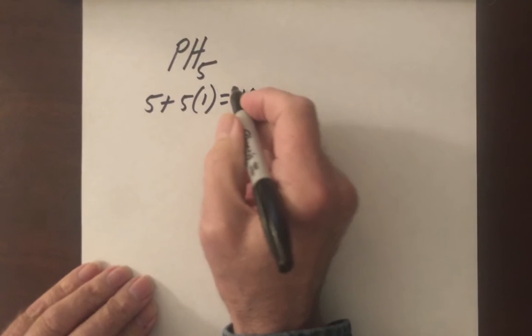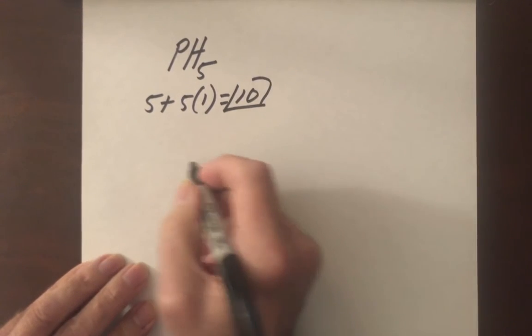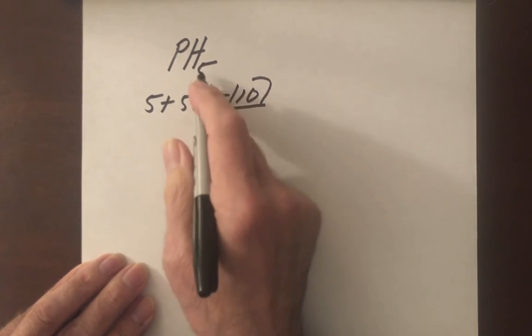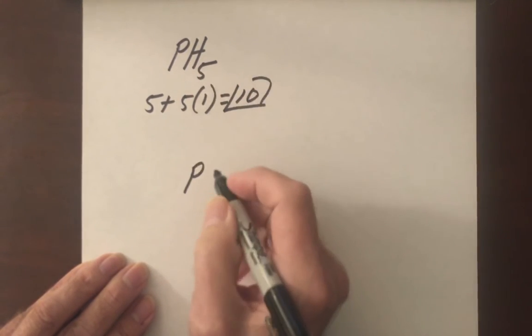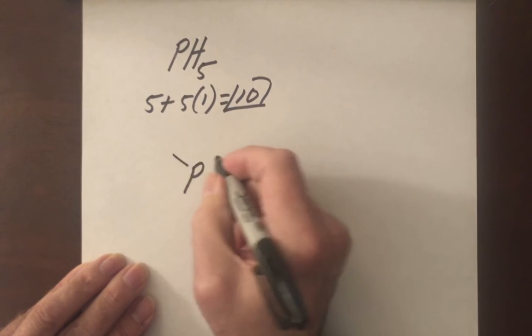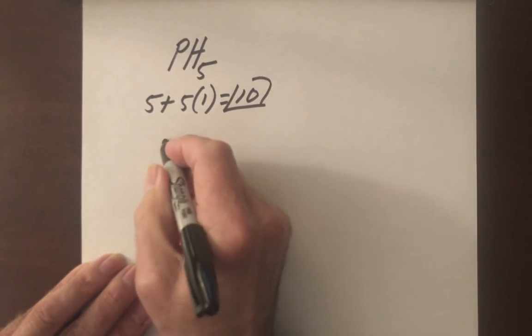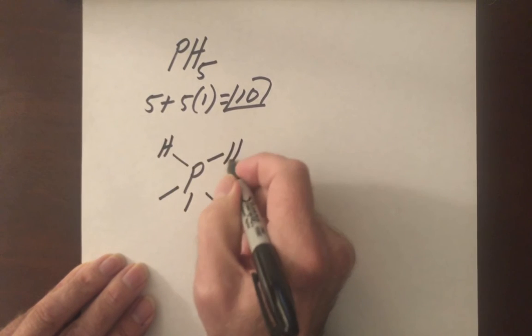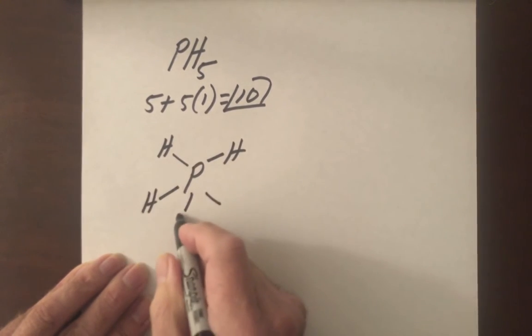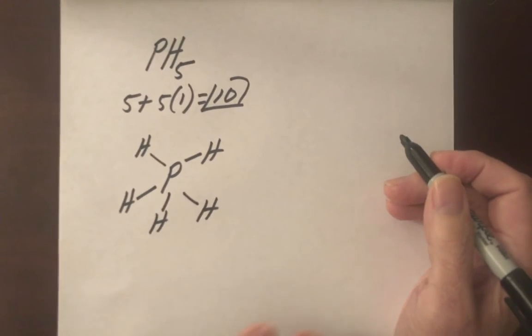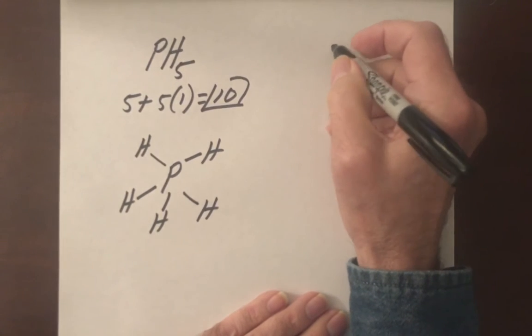So when we draw our Lewis structure, we'll find that the phosphorus is going to have to bond to all 5 of the hydrogens. Remember, hydrogen can only have 1 bond, and so it would look something like this. Sulfur can have 6 bonds around it.